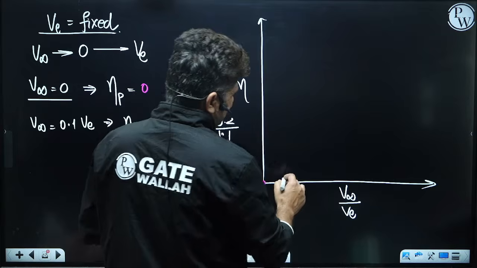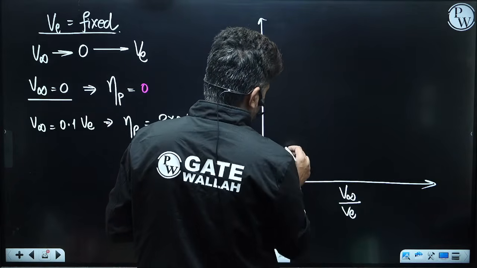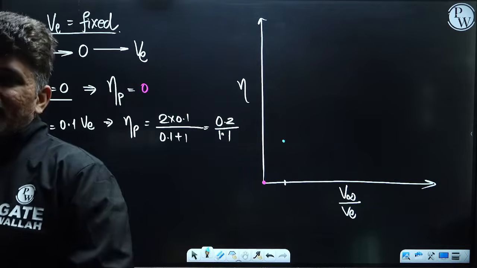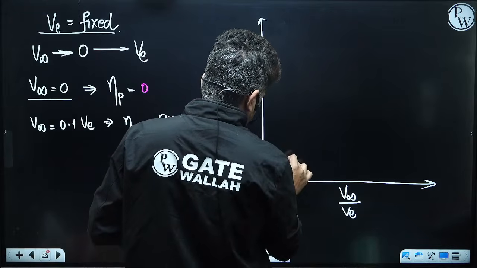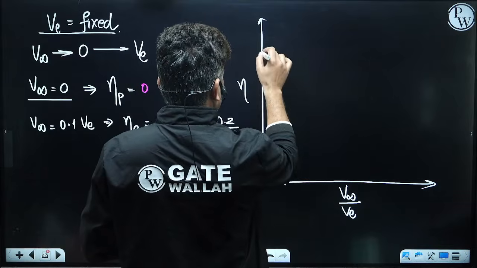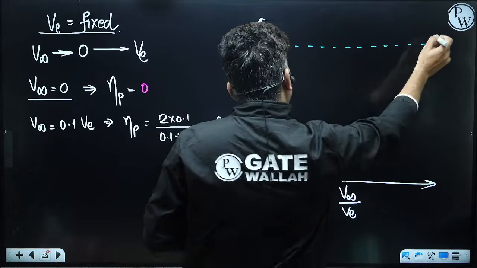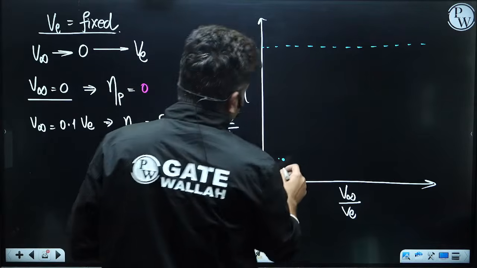So at 0.1, your efficiency is coming out to be about 0.2. I think I have drawn this much higher. Let's draw it such that the maximum efficiency is around 1.